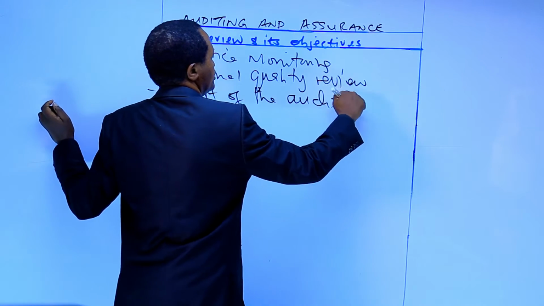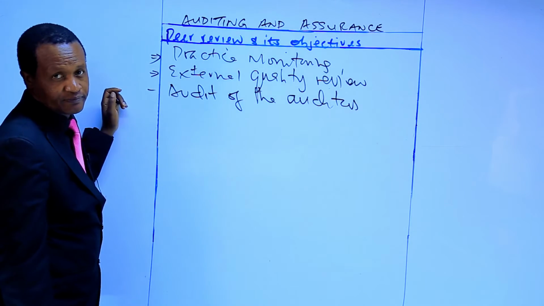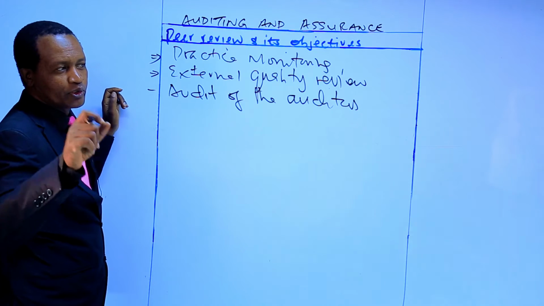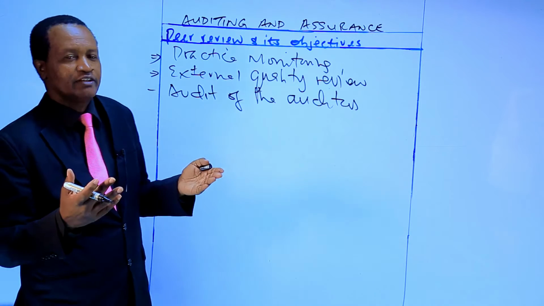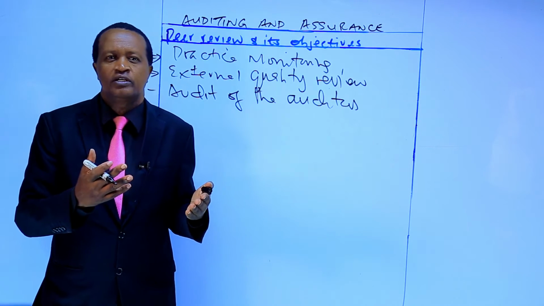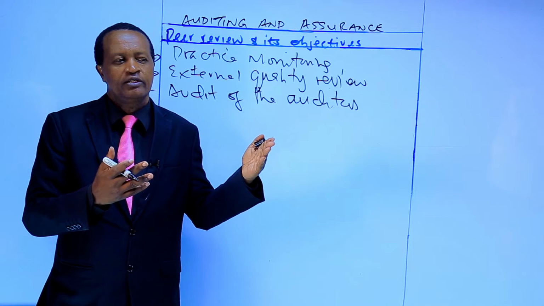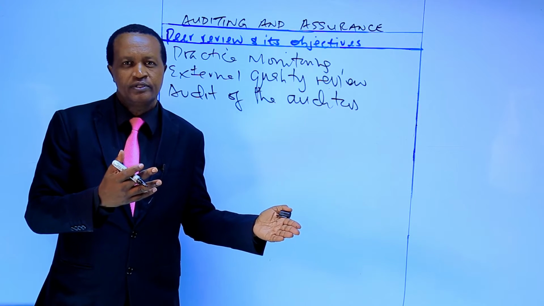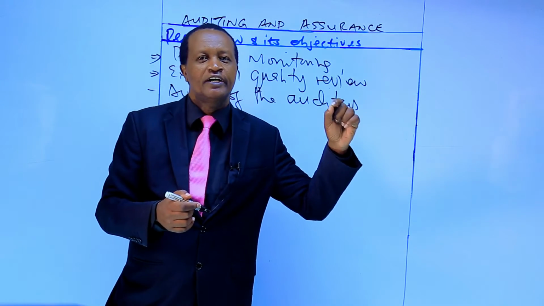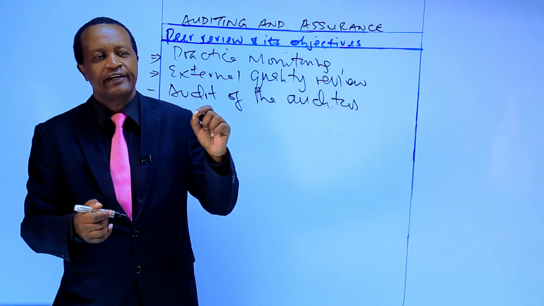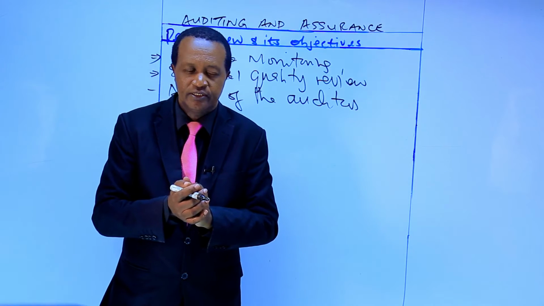It is the audit of the auditors. And it is a process where an independent evaluation of an audit firm is conducted by another audit firm or a regulatory body.